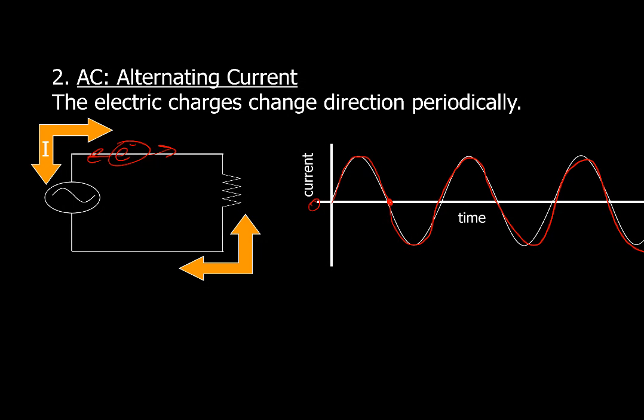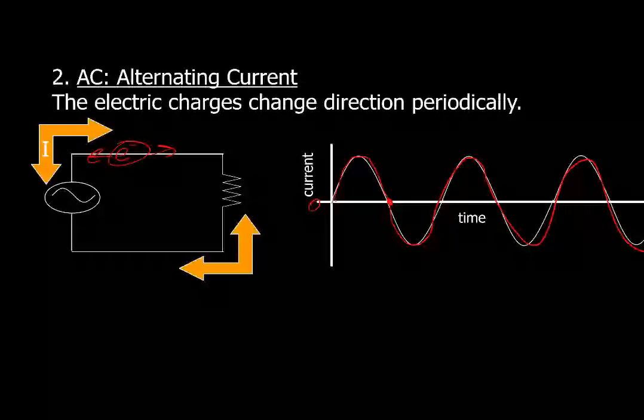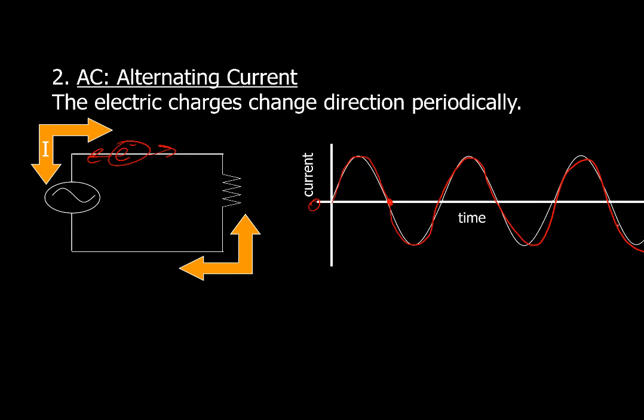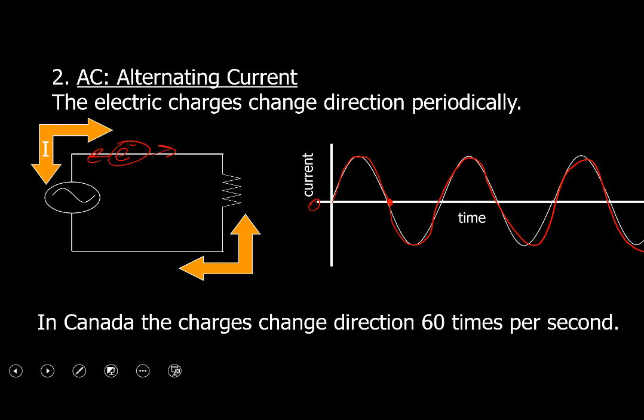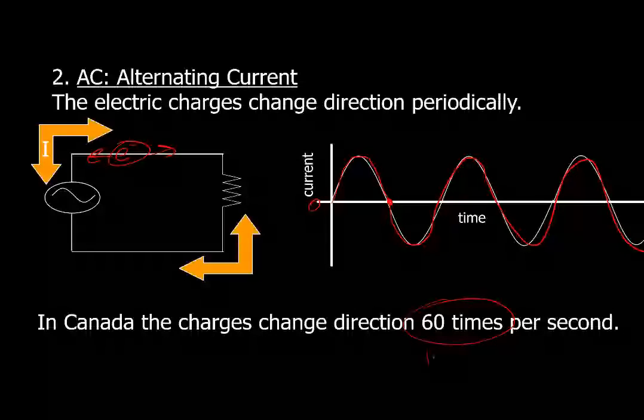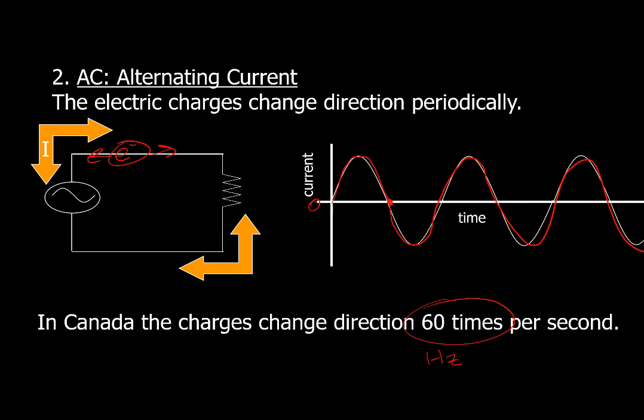And the wiggling of that electron is going to wiggle the next electron, and so on and so forth. And that's what gets you this forward-backward motion of the current. In Canada, the charges change direction 60 times per second. That's referred to as 60 hertz, 60 cycles per second.